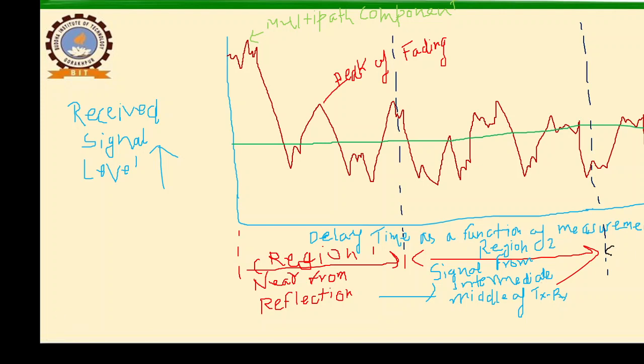Now this area is known as region number 3, and the signals which are received at the receiver end are from distant reflections.